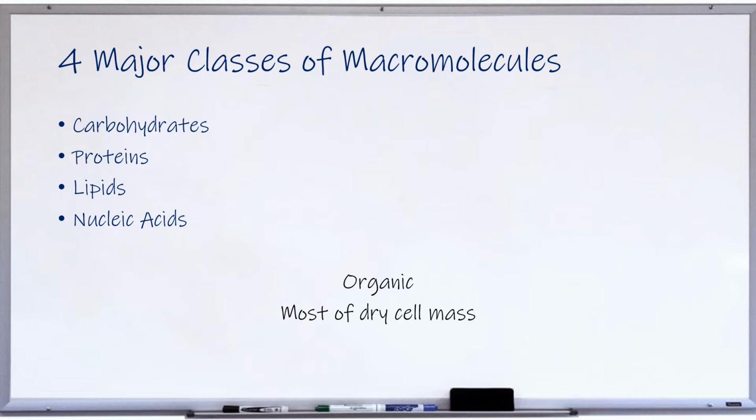They all have a carbon backbone. And also, just an interesting tidbit, the four major classes of macromolecules make up most of the dry cell mass. So if we were to weigh a cell, most of the things that have weight in the cell would be a carbohydrate, a protein, a lipid, or nucleic acid. So they are very important to the function of cells.